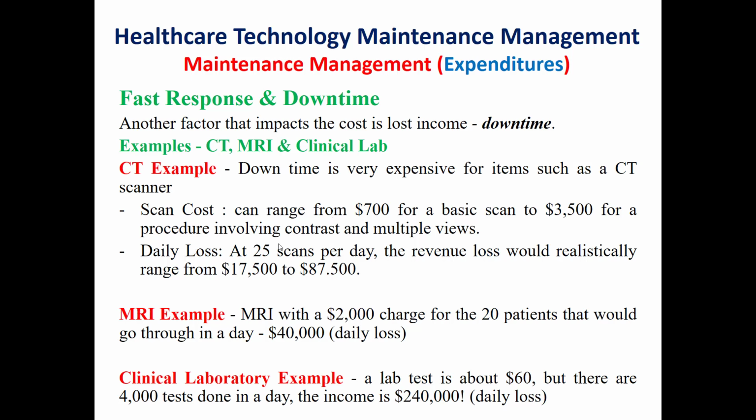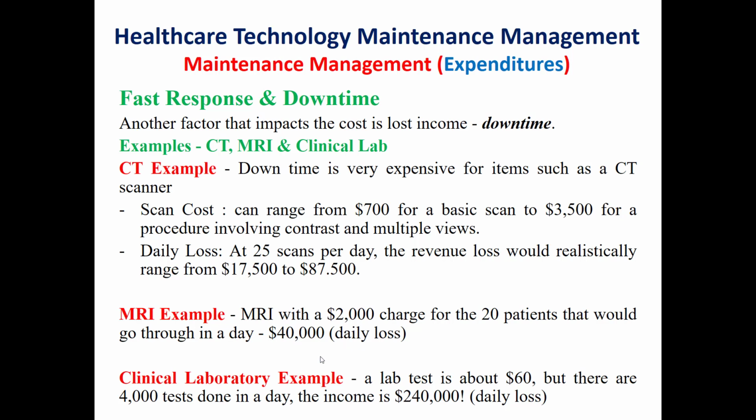So if we consider we have 25 scans per day, the daily loss will range from $17,500 to $87,500. If we consider the case of the MRI with a $2,000 charge for each patient, and a daily load of 20 patients, then the daily loss will be around $40,000.